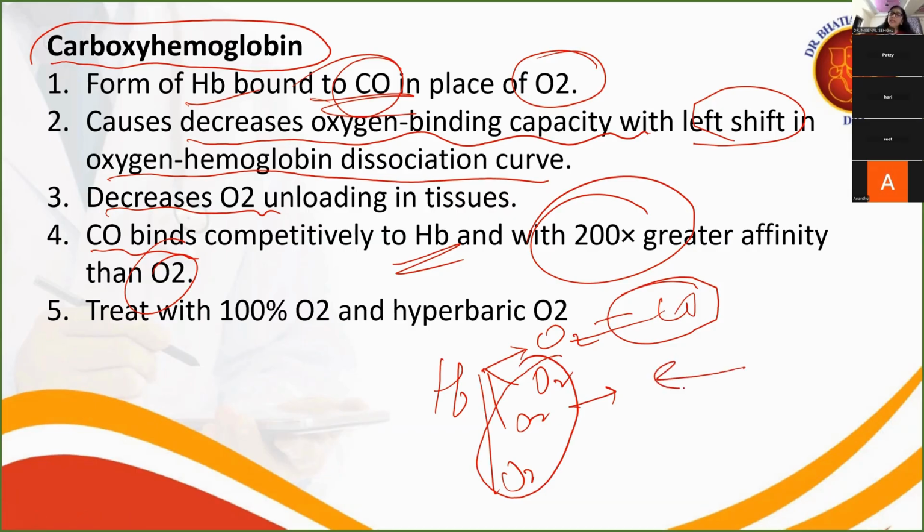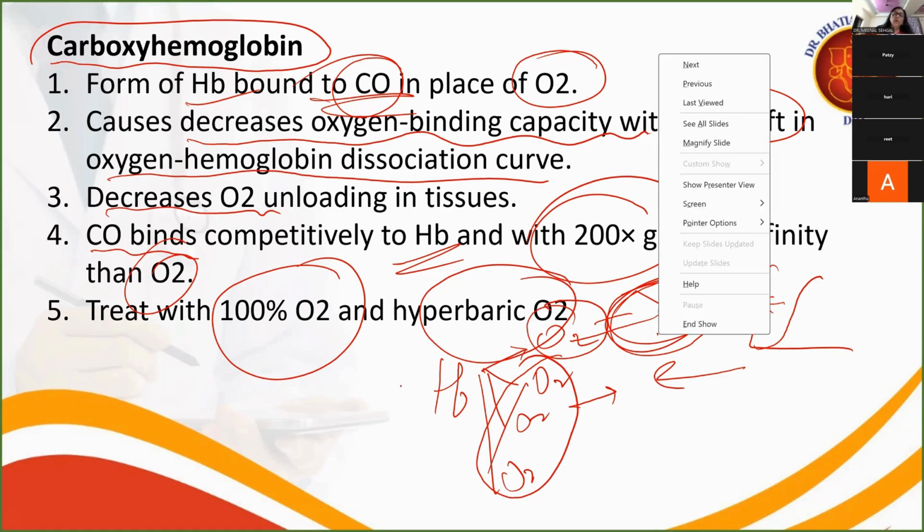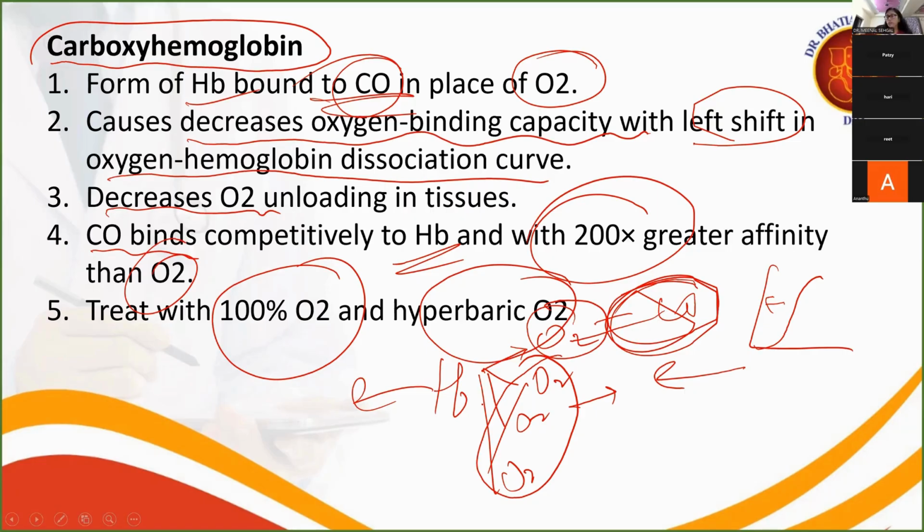And that is why there is a left shift of the oxygen hemoglobin dissociation curve. The curve shifts to the left because carbon monoxide does not allow the loss of the other oxygen molecules also. If you give 100% oxygen under high pressure, that is hyperbaric oxygen, then in place of carbon monoxide, the hemoglobin will again bind to oxygen.